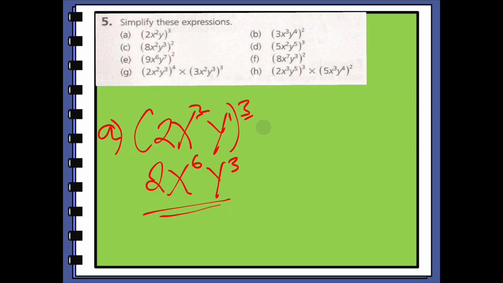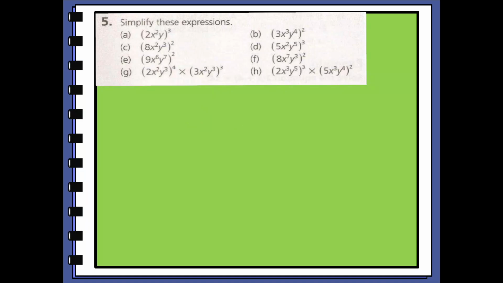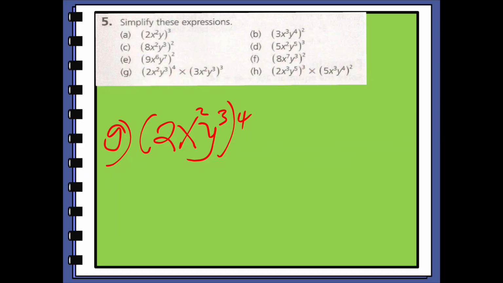Then for g, let's do g together. On g we've got open bracket 2x squared y cubed, and we've got a 4 outside, times 3x squared y cubed, then we've got a 3 outside.